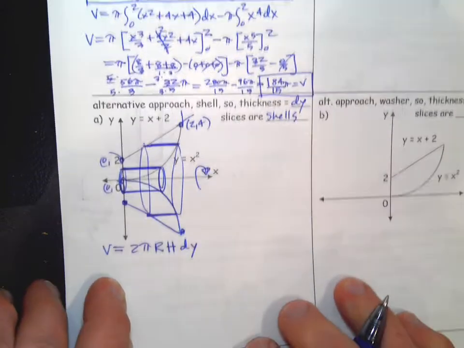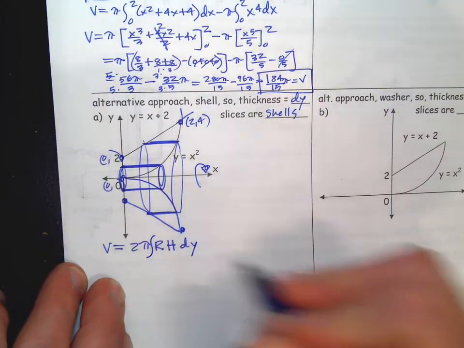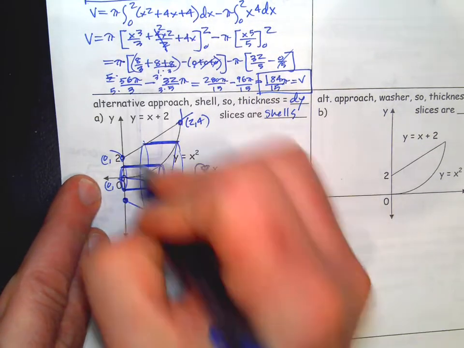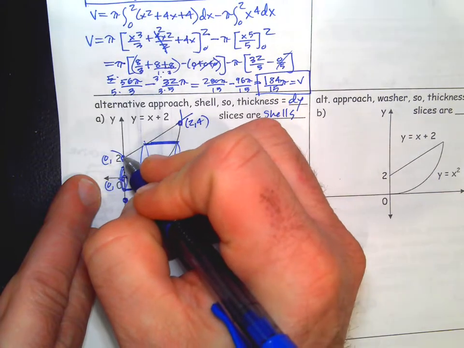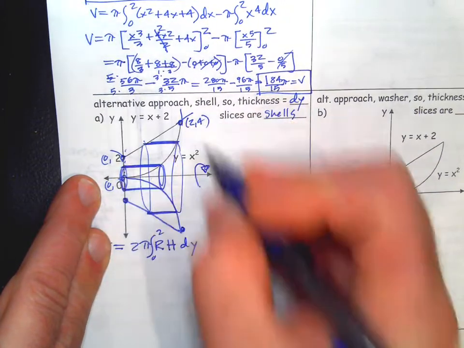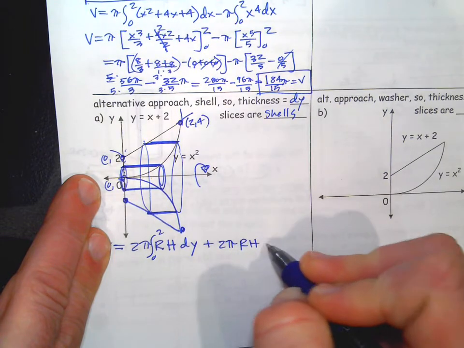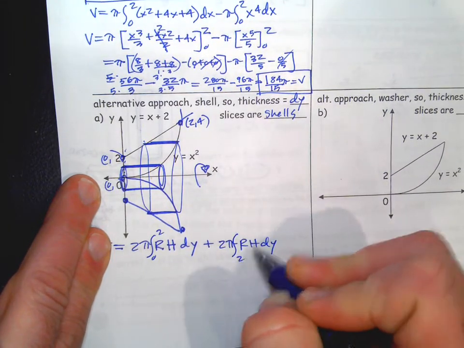Okay? And then we could integrate it. Now, we're going to have to go 0 to 2, and then 2 to 4 separately. So we're going to have to do another 2 pi rh dy, 2 to 4.